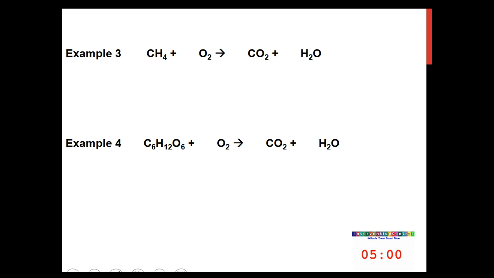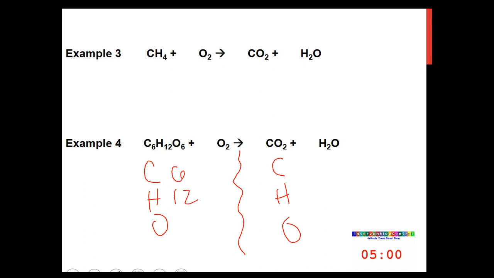All right, I'm going to do one more that has an oxygen in the hydrocarbon. C6H12O6 plus O2, there's 6, there's 12, and then 6 plus 2 is 8, and then 1, 2, 3. It's always going to be 1, 2, 3 on the right. All right, so let's change this. We'll put a 6 here.